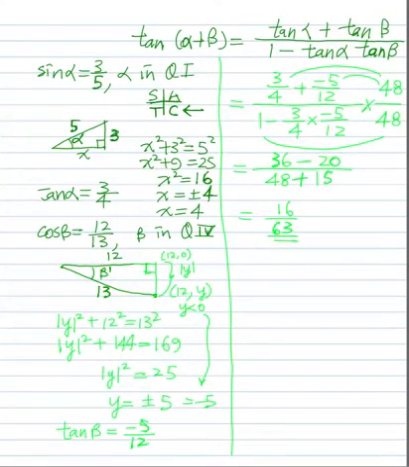Instead of drawing beta, in this case, we will draw the reference angle. We call it beta prime, inside a right triangle. Cosine function, we can look at it as adjacent over hypotenuse. So we put 12 as the length of the adjacent side and 13 as the length of the hypotenuse.